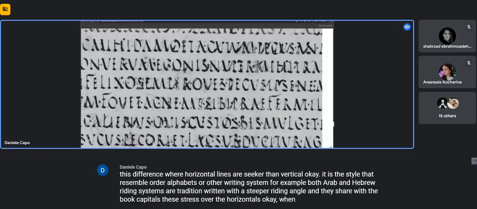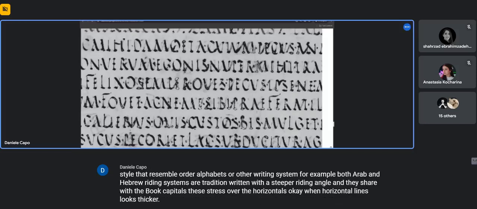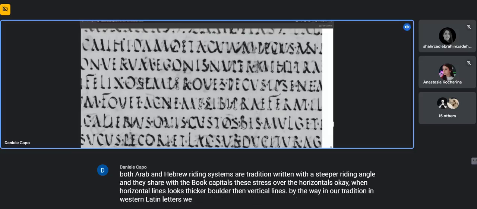Okay, when horizontal lines look thicker, bolder than vertical lines. By the way, in our tradition, in Western Latin letters, we don't have this situation, and it looks a bit strange to us.